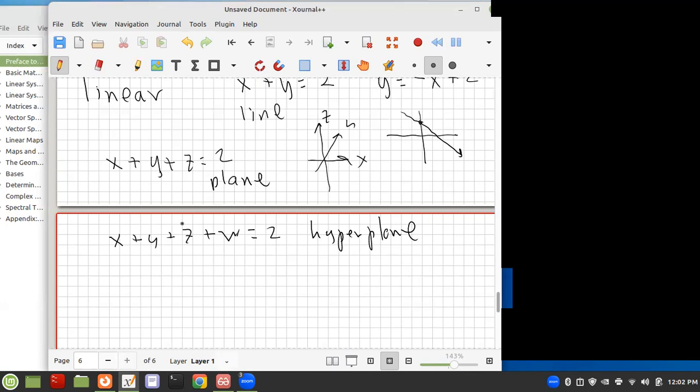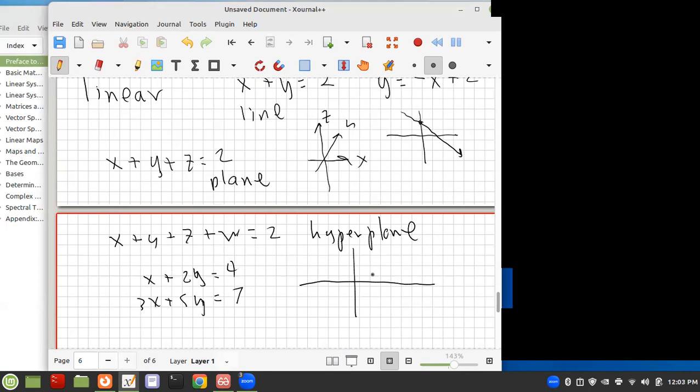Now, a linear system is going to be, like, if I have a linear system, x plus 2y equals 4 and 3x plus 5y equals 7. Well, each one of these is a line, right? If both these equations are true, that means I've found an x and a y that makes both equations true.